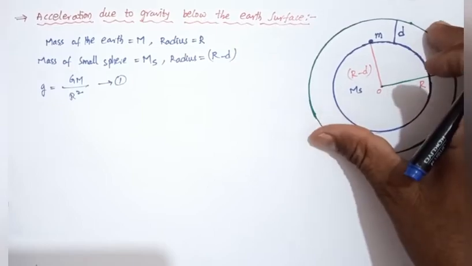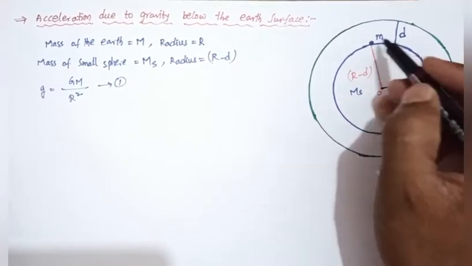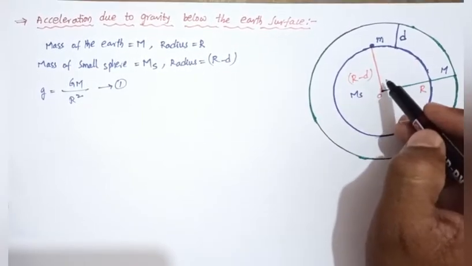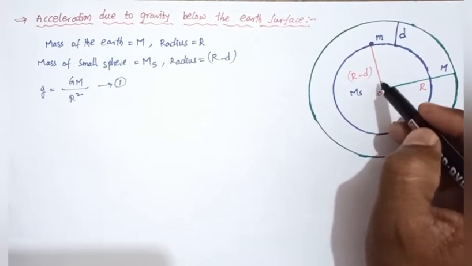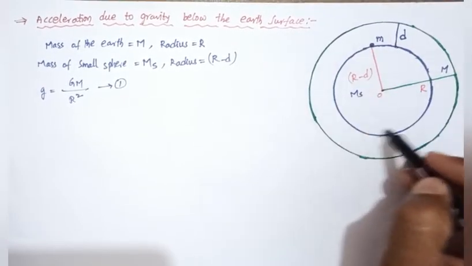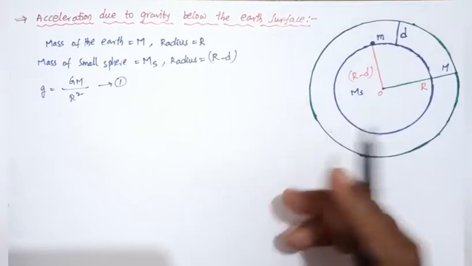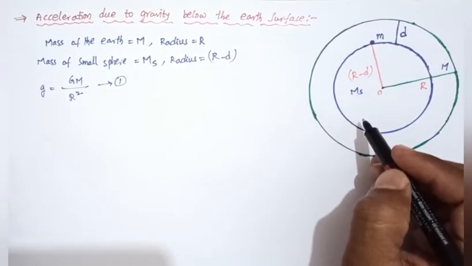First of all, the density of the earth at any point in each spherical cell cannot change.